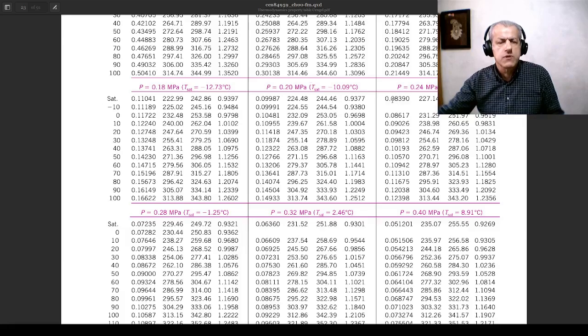Well, let's move to the superheat table for the R134A, and as you see, for 200 kilopascals, 0.2 megapascals, the saturation temperature, as we know, is minus 10.09, and the knowledge we have is that H, we just calculated, is 252.49. 252.49 is very close to 0 degrees centigrade, and it is between 0 and minus 10. So we could do an interpolation.